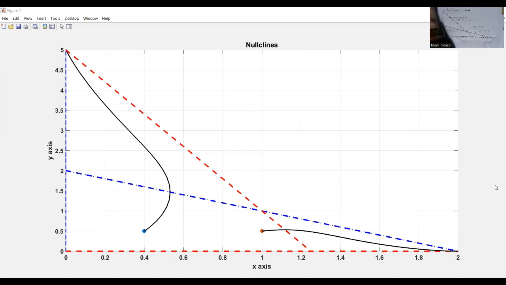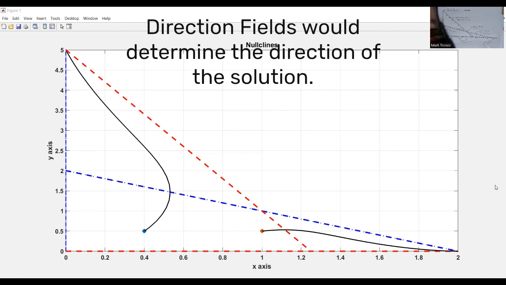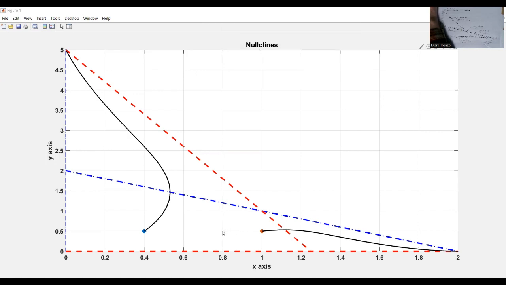And again, if you did a lot more analysis, you could find out which direction it's going to go. But I'm just sort of doing it by trial and error. Let me do maybe another one. Let me do 0.8 and 0.5, see what happens. So I'm starting down here at 0.8 and 0.5.